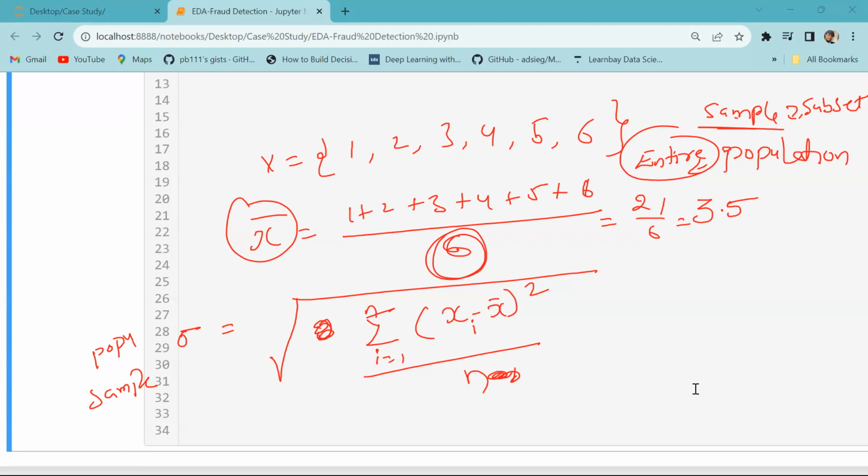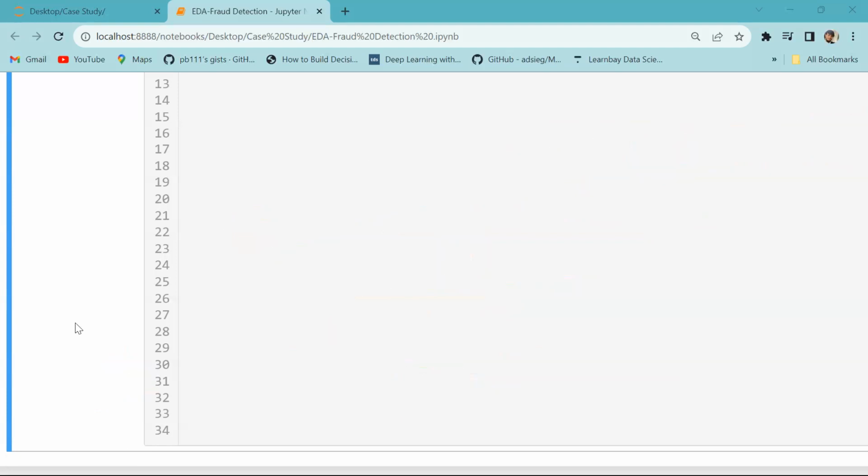Tell me, guys. What is the previous example?